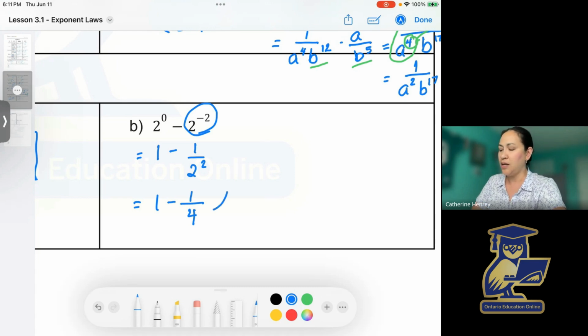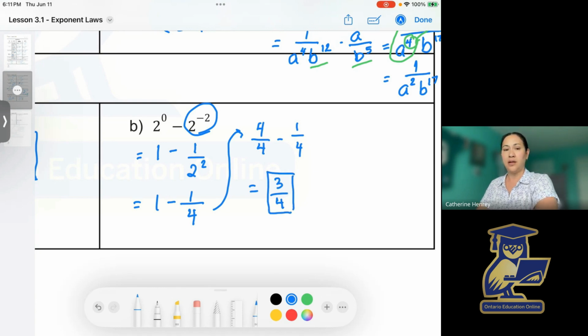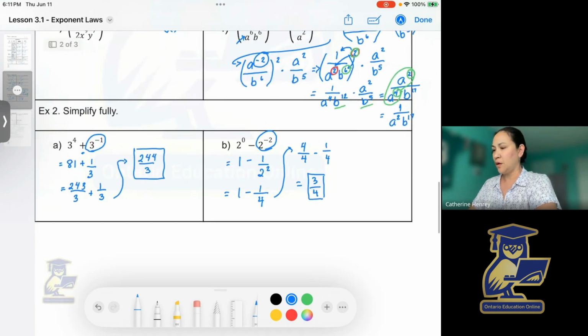And again, we need a common denominator before I can subtract fractions. So we'll change that 1 into 4 over 4. Then we can subtract our 1 over 4. And our final is 3 over 4. Again, can't reduce this fraction anymore. And so that's our final. A couple more examples.